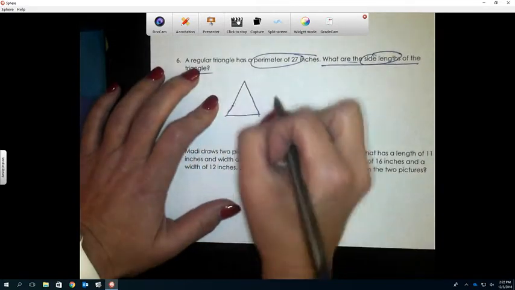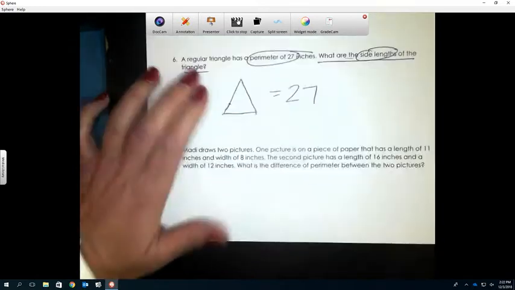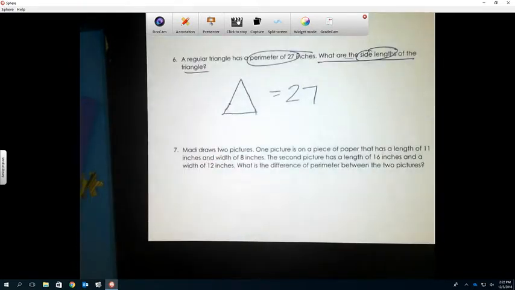And the total is 27. How am I going to figure that out? What do I know? That you have 27 in all. So then you would have to add up numbers to see if it makes 27.